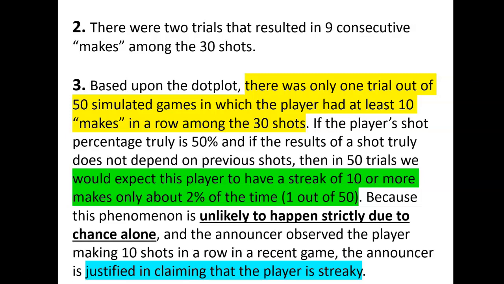So that means, by chance, this was a very unlikely phenomenon, and it only happened by chance alone, if that's the case. So if the announcer observed the player making 10 shots in a row, I think he's justified in saying that he is streaky.